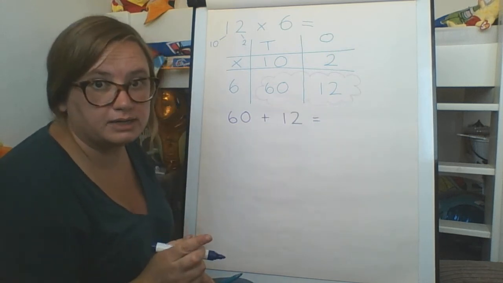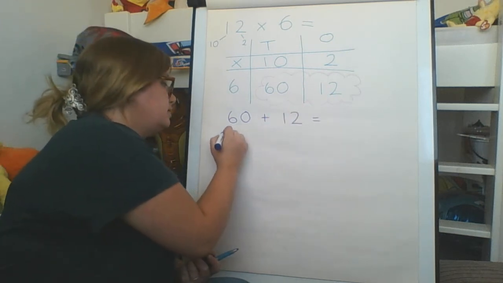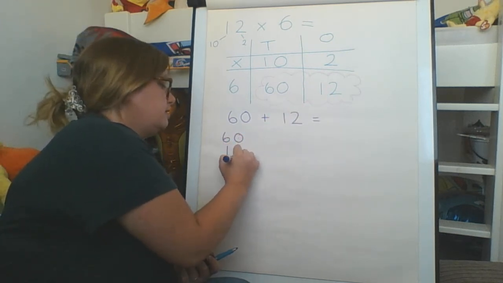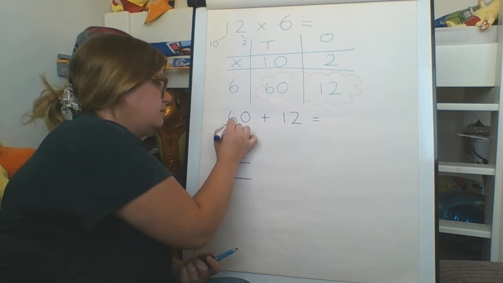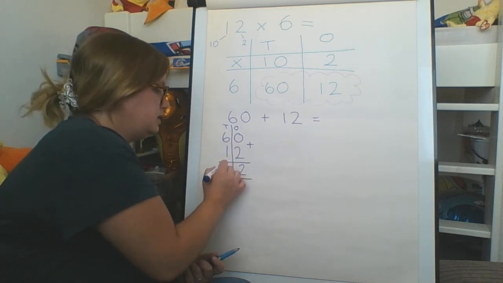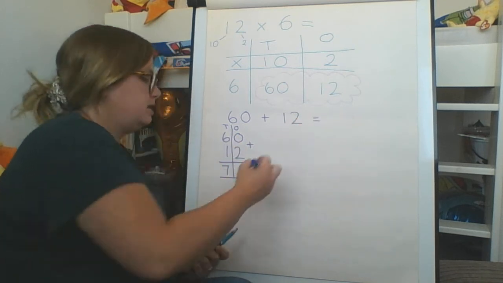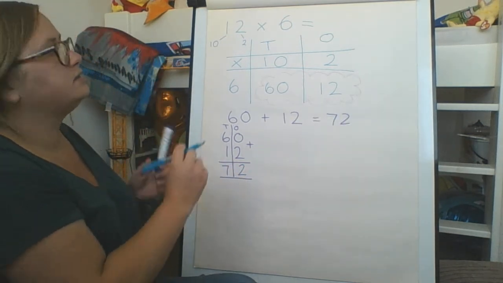Perfect time for you to practice your column addition with this. So we can do it like this. 2, then 6 tens add 1 ten. My answer is 72. So 12 times 6 is 72.